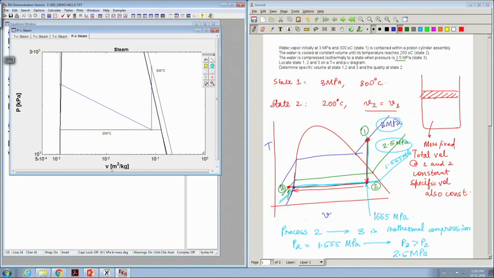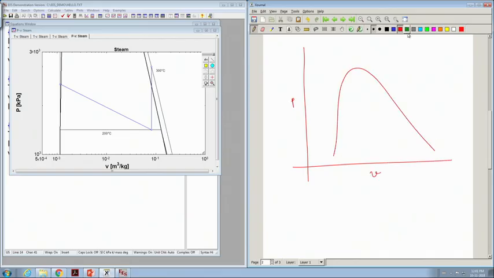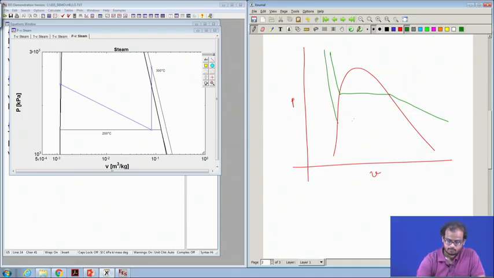Let me try to justify by drawing another schematic. On a PV diagram, the isotherms look something like this. This is 300 degree Celsius, this is 200 degree Celsius.